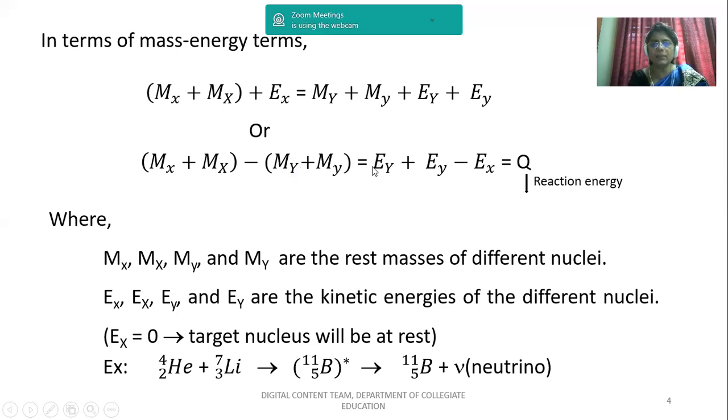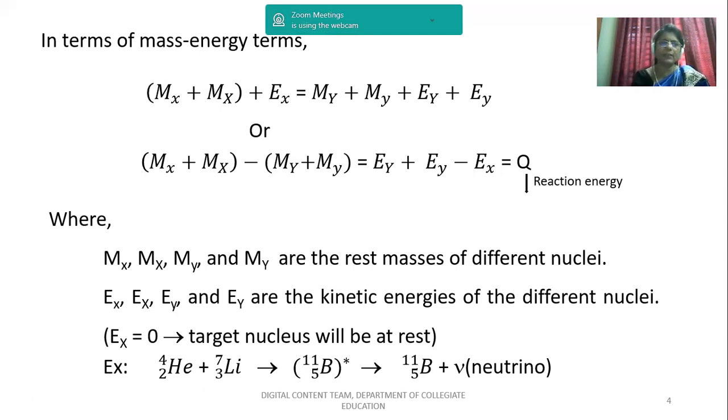This should be equal to the kinetic energies of the products, that is Ey plus EY, minus the kinetic energies of the reactants, which here is particularly the projectile. This is equal to the energy released in the reaction, which is called the Q value of the reaction.